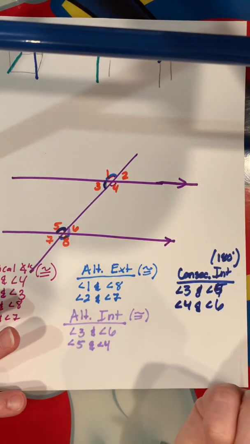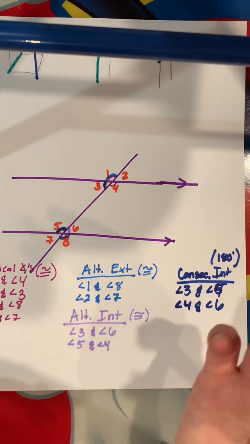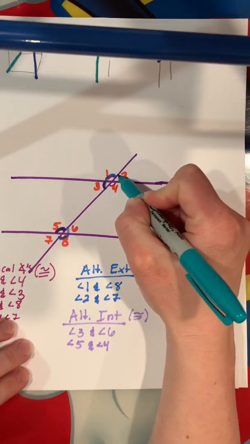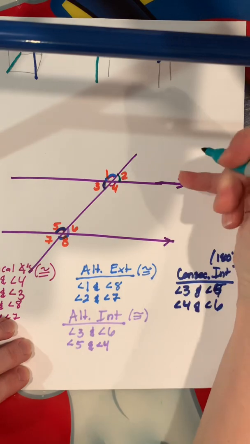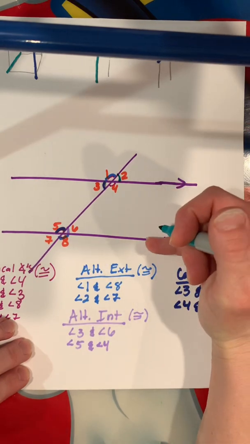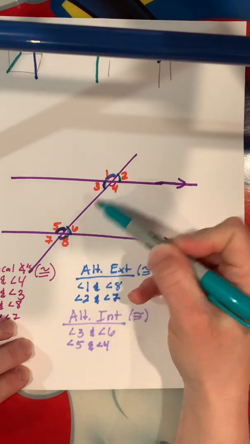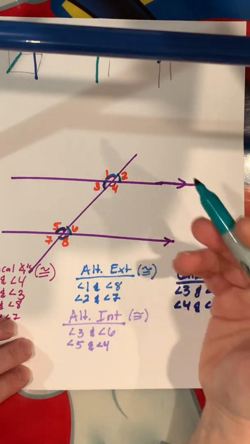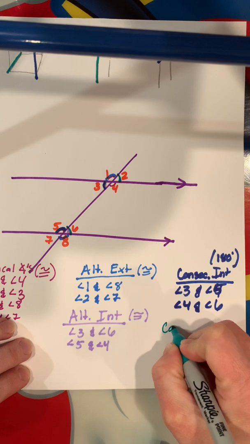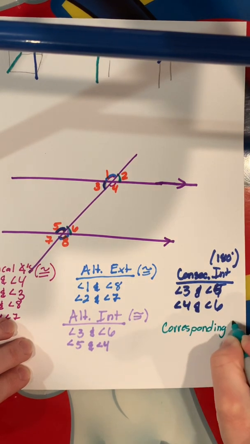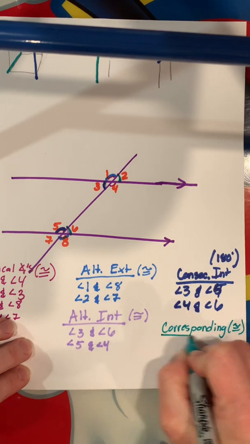So when we talk about corresponding angles, corresponding, they're in the same position. If I look here at angle 2, if I lift this line up and lay it down on this line, it's in the same position as angle 6. It's above the parallel line and to the right of the transversal. So those are corresponding, and corresponding angles are congruent.